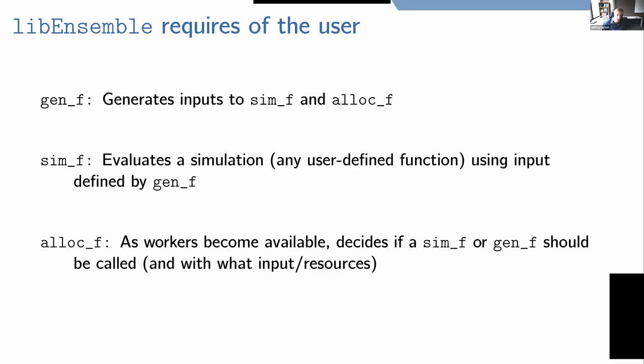Or it could be a combination of the two. So the allocation function could decide between these, or it could be very simple: there's a collection of work and they just keep doing simulation work until the work is done, and then they generate more work. That's the most basic libEnsemble allocation function. But those 3 functions and the interplay between them is what defines a libEnsemble workflow.